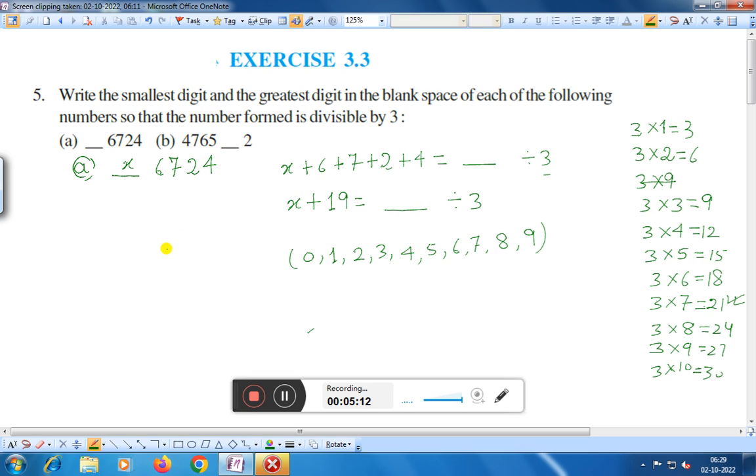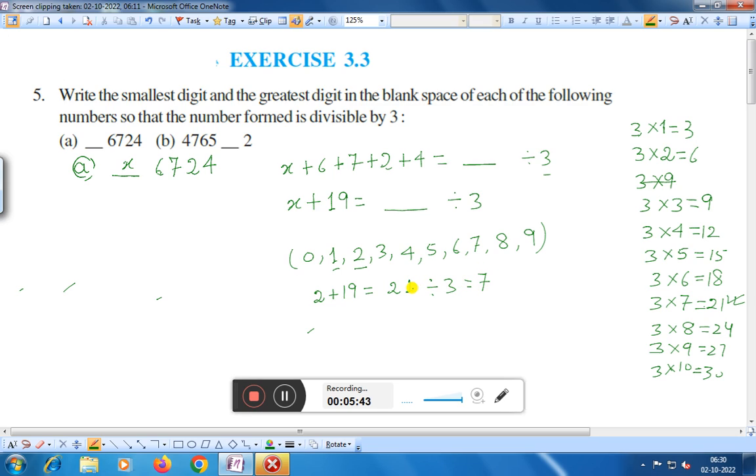If we put x equal to 1, we get 19 plus 1, 20, which is also not divisible by 3. If we put x equal to 2, we get 2 plus 19 equal to 21, and 21 is divisible by 3, since 3 7s are 21.